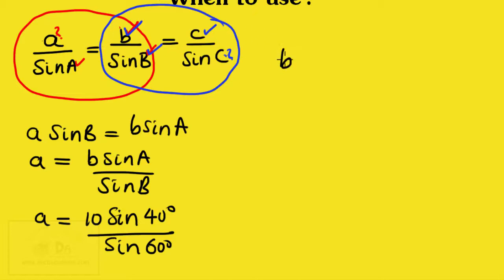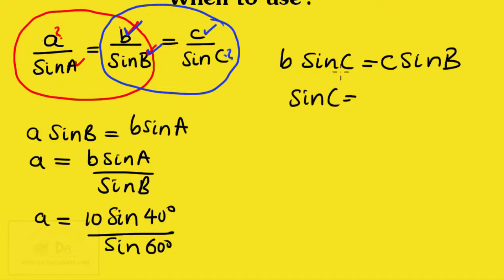So you have b times the sine of angle C equals c times the sine of angle B. We're looking for angle C, so sine C. If you divide both sides by b, you get sine C equals c times sine B divided by b.